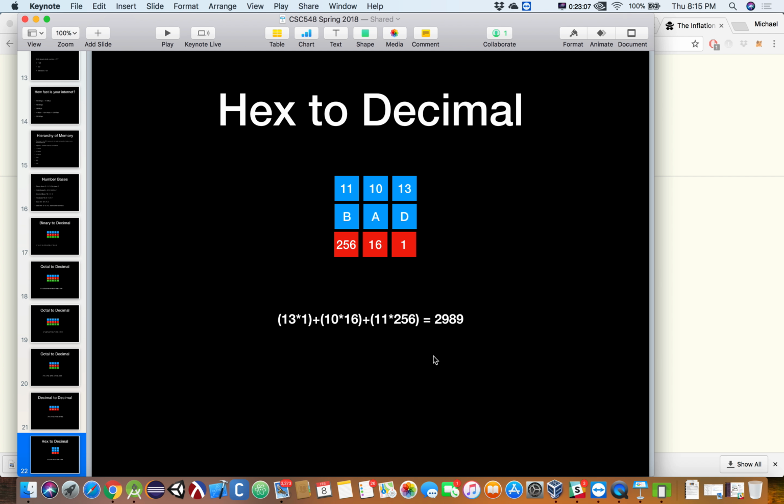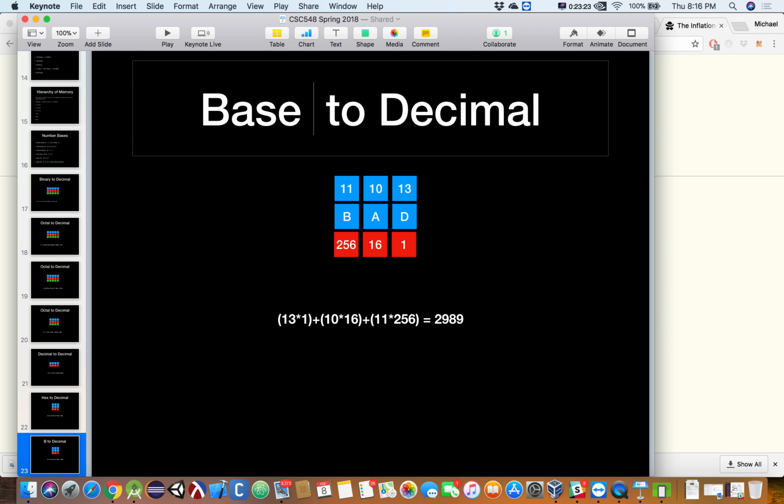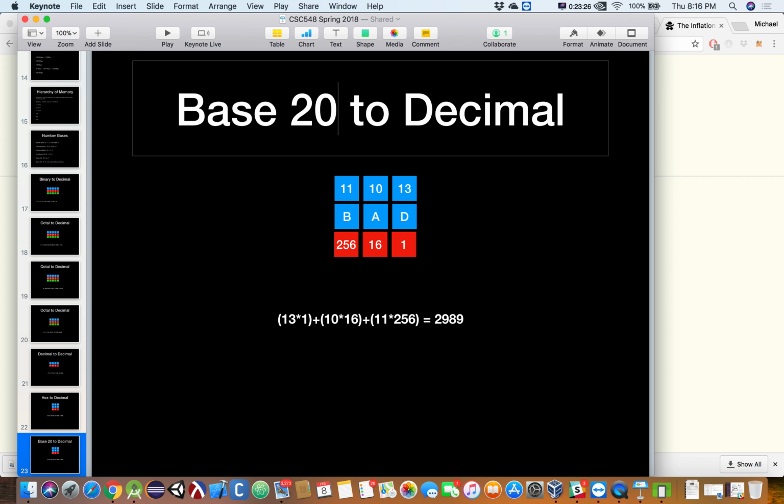Okay. So, makes sense how we can go from any base to decimal. Similarly, we can go from base 20 to decimal. I don't want to go too far down the alphabet, so just to keep the numbers easy here. So base 20, B, A, and D are still going to be an 11, a 10, and a 13.